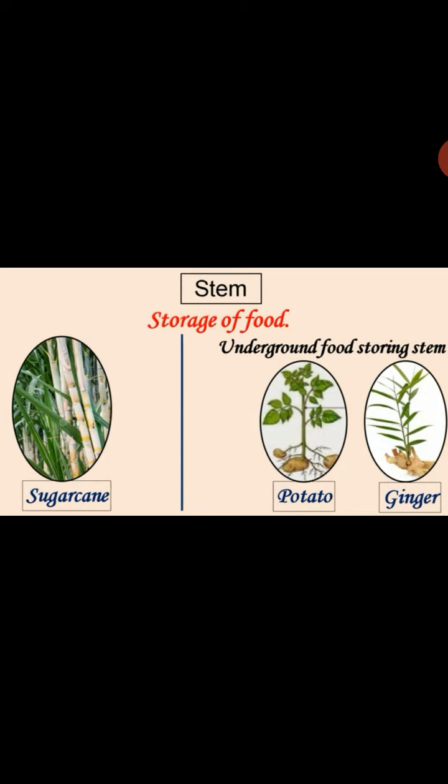There are many plants that use underground stems for storage of food, for example, potato, ginger, etc. As you can see in the picture, potato and ginger are not the roots but they are underground food storing stems of that plant. Understood students?